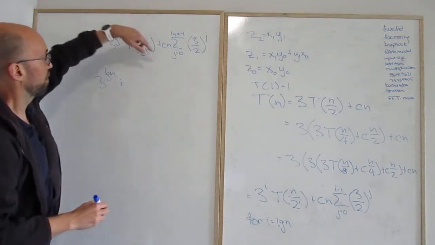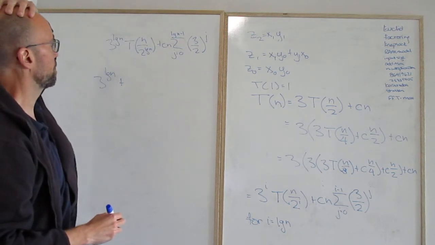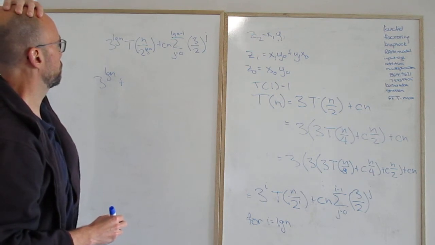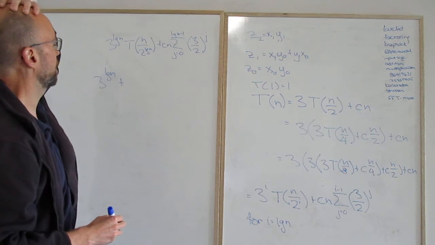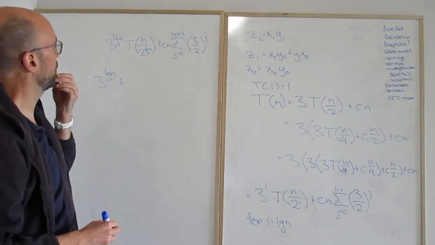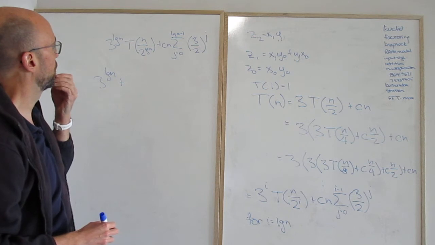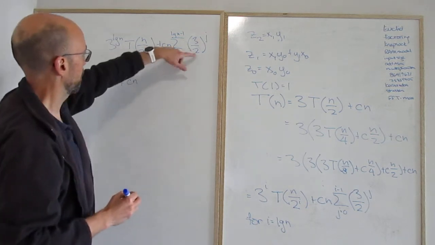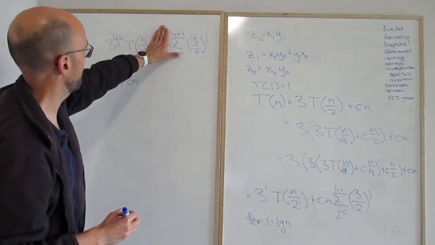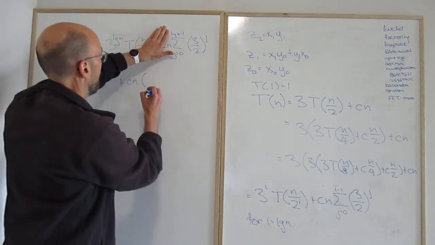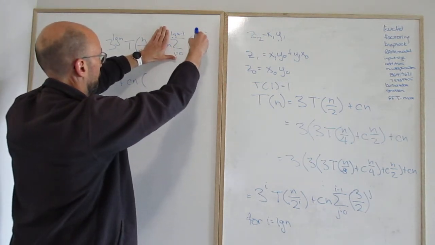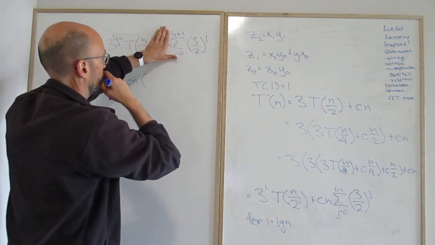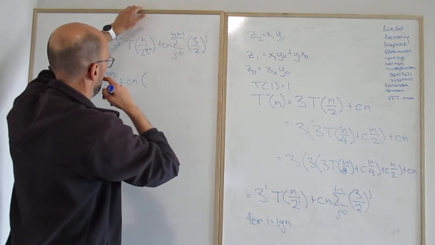And then this thing, I worked this out last night. This sum is bounded by log n times (3/2)^(log n).